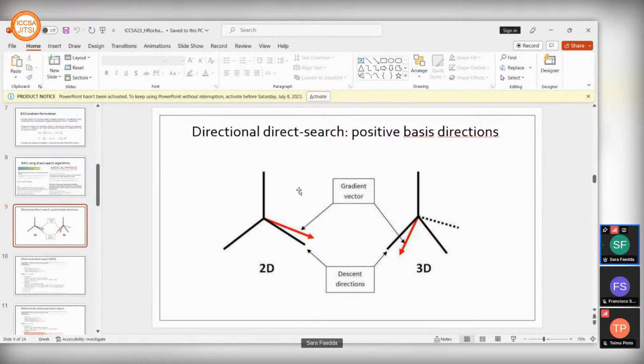I will just briefly describe the direct search framework. Typically, directional direct search methods are derivative-free optimization algorithms, meaning that they do not use derivatives. Most of the time, using derivatives is good, because we can move quickly to the best solutions.